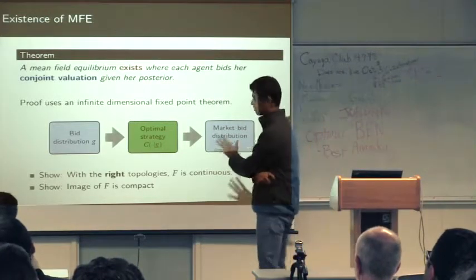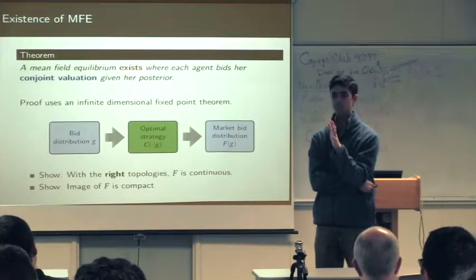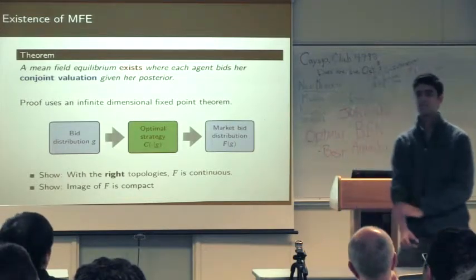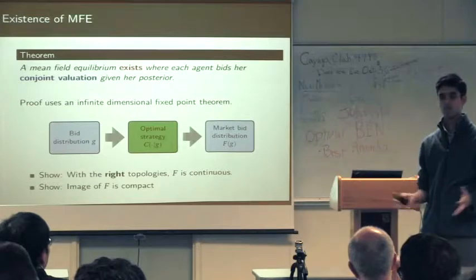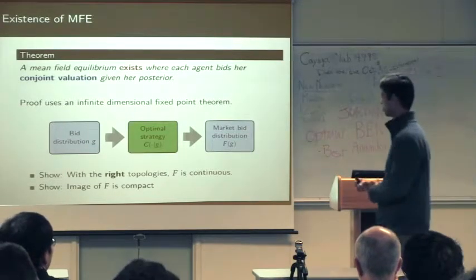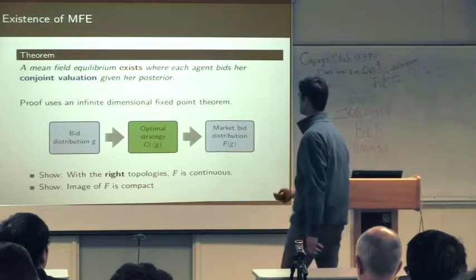So, but before that, mean field equilibrium exists, so we make this large market assumption. So the question is, does this actually imply anything in a small market? Is it a good approximation to the case where there are a finite number of agents?